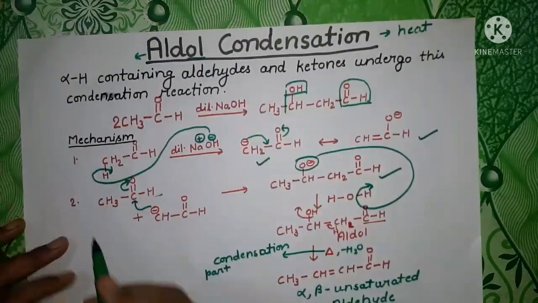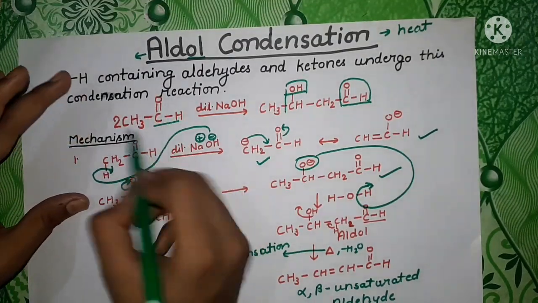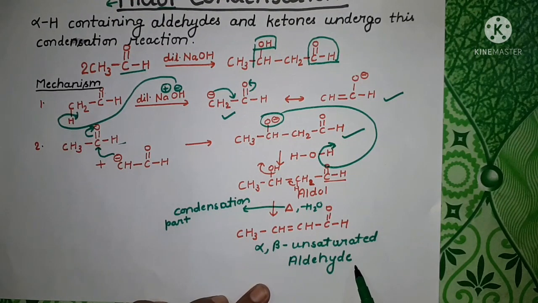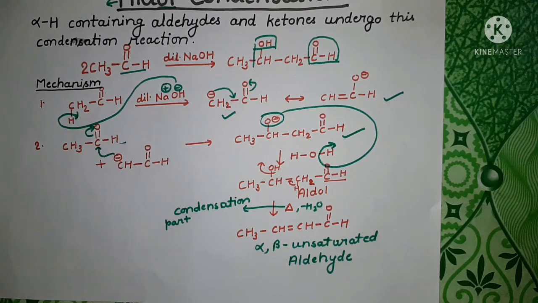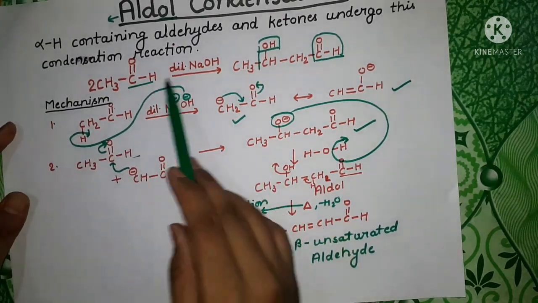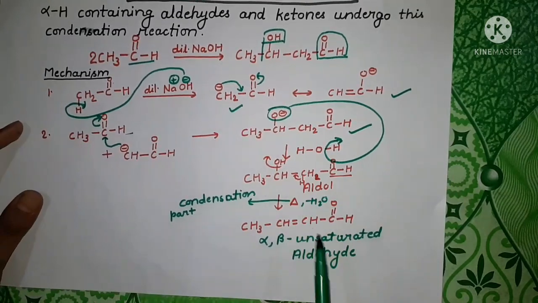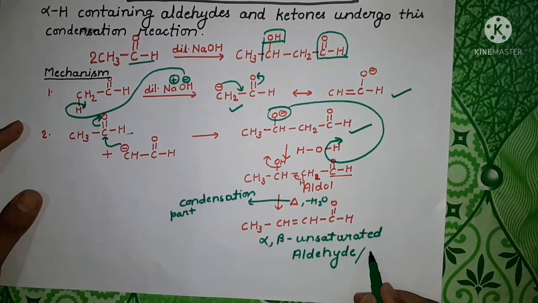If in the precursor we take the ketone, then the product we get will be alpha beta unsaturated ketone. It means in aldol condensation, we take 2 moles of the aldehyde or ketones having alpha hydrogen and we get the aldol product, and after condensation we get the alpha beta unsaturated aldehyde or ketones.